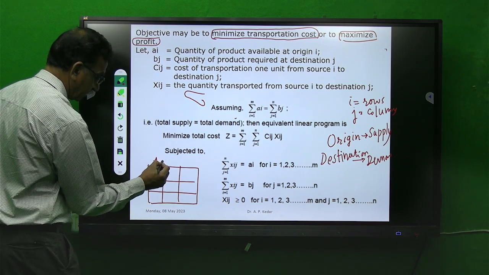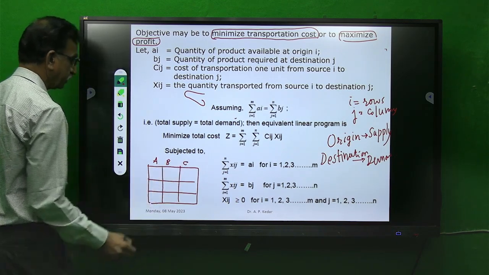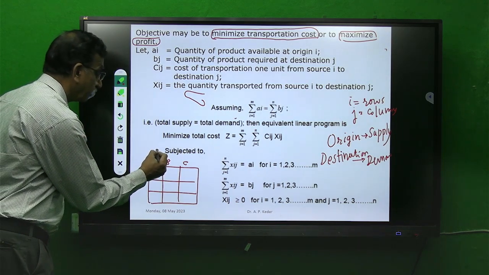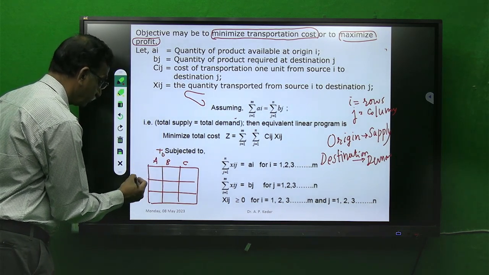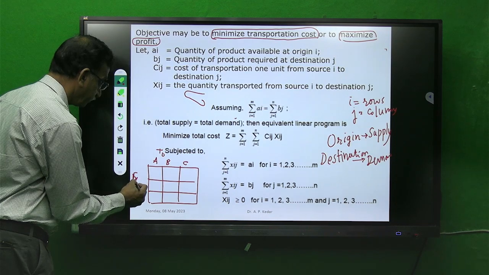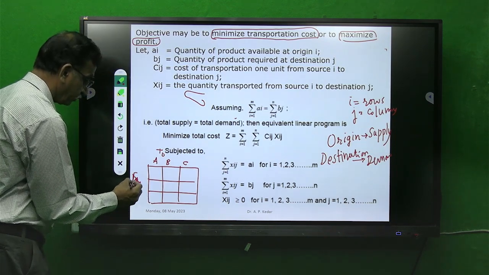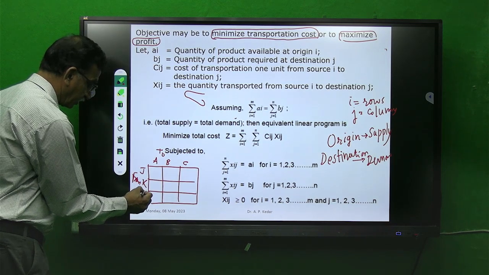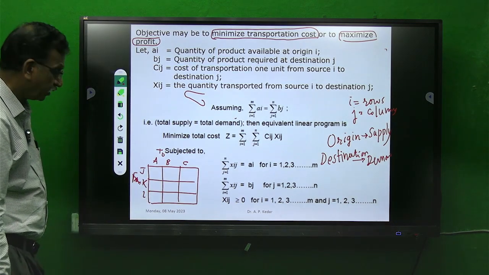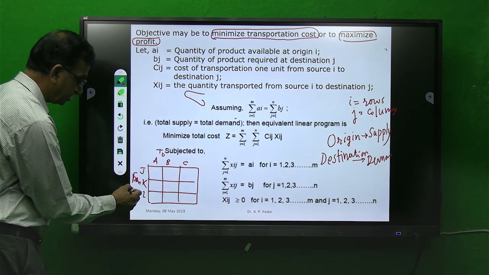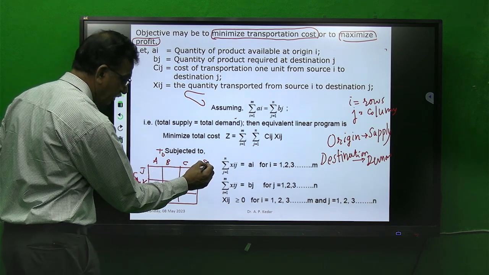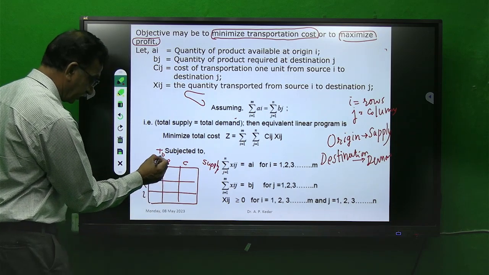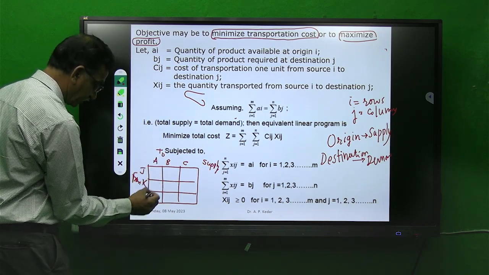These are the requirement centers, say destinations, labeled as A, B, C. This is from, suppose the origins are J, K, L. So from, which acts as an origin, will always supply, and demand will be from destinations.